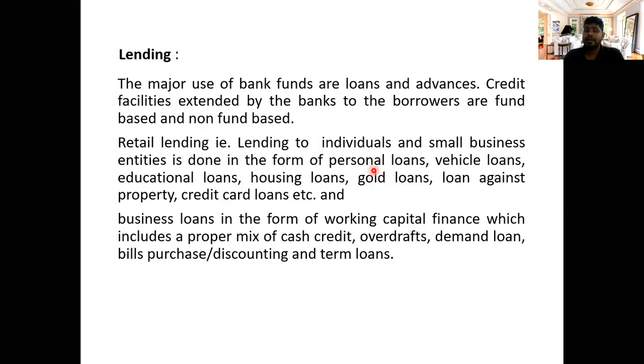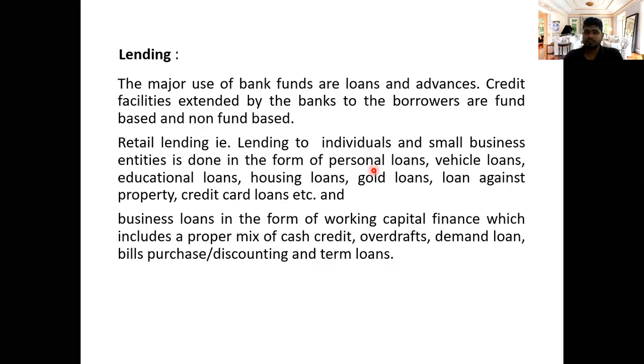It's a loan. And vehicle loans: you are very keen to buy a vehicle, but you don't have enough money in your hand. This time you can go to the bank to get a vehicle loan. Educational loan: if you want to continue higher studies and you don't have enough money, then you can go to a bank and they will provide you money, then you have to settle them.